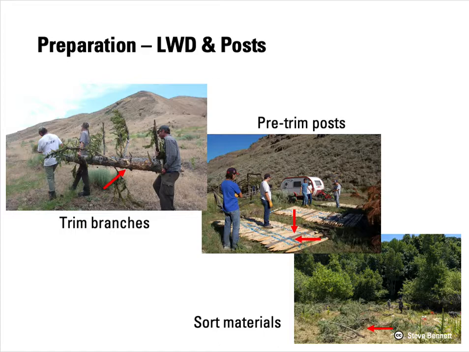You may want to trim your posts too. Often they come in 8-foot lengths, and that's awfully high to lift a post pounder. So if you trim them ahead of time or have some idea of how deep you need to drive them, it will help. And then you want to get all your materials sorted. Often it's nice to have small branches, medium branches, and large branches of logs. If you have all that prepped on your site, things will go smoothly.